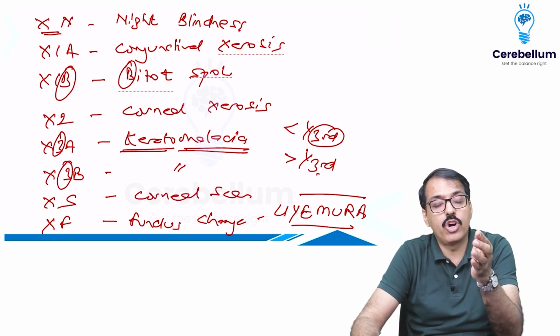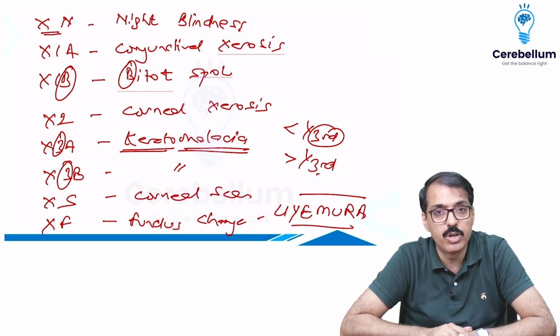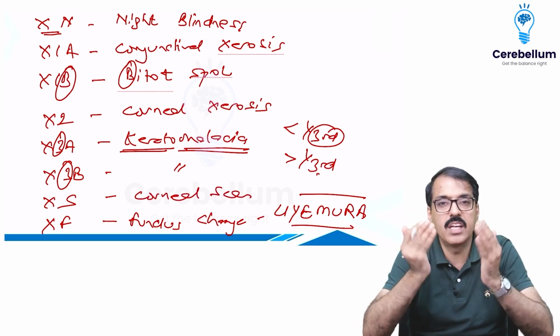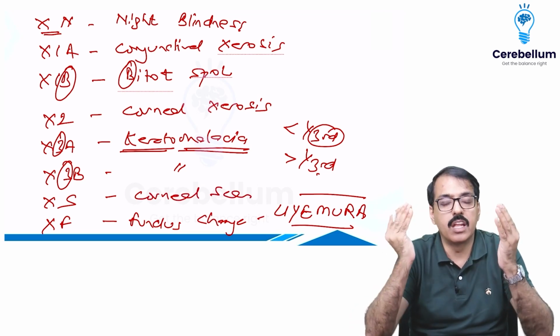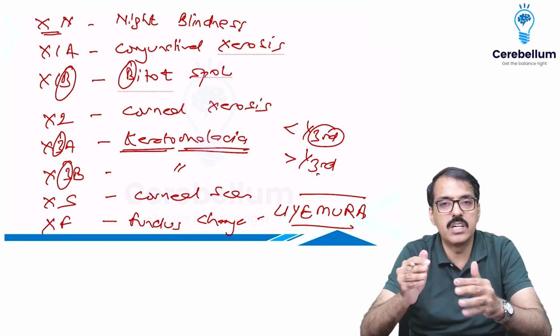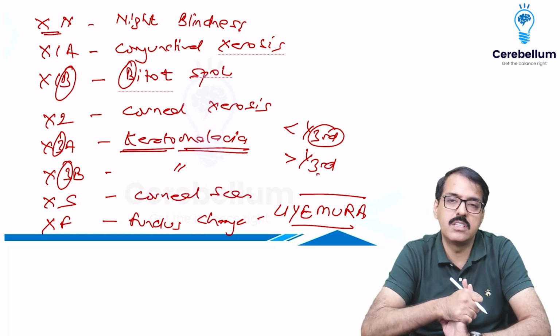In xerophthalmia, because of vitamin A deficiency, there is loss of pigment. Similarly, we have drying of skin also, drying of eye also. So please remember, first the conjunctiva is drying, then Bitot spot is forming, then cornea is also drying, the cornea is melting less than 1/3, melting more than 1/3, scarring, and retinal changes in the pigment epithelium.